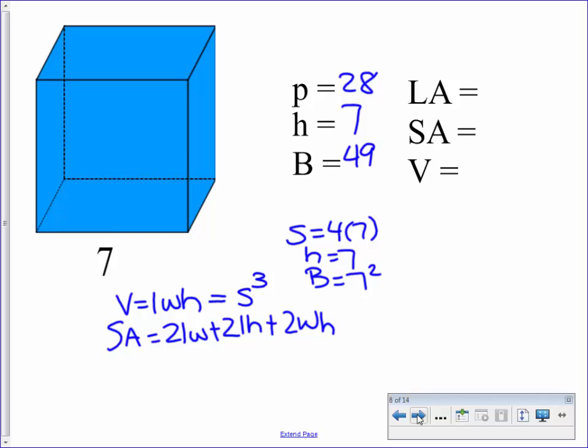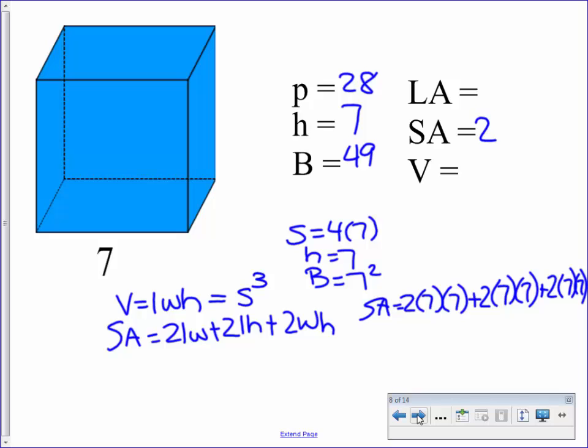We'll do the surface area. Surface area is 2 times 7 times 7 plus 2 times 7 times 7 plus 2 times 7 times 7. So then our surface area for this will be 294.